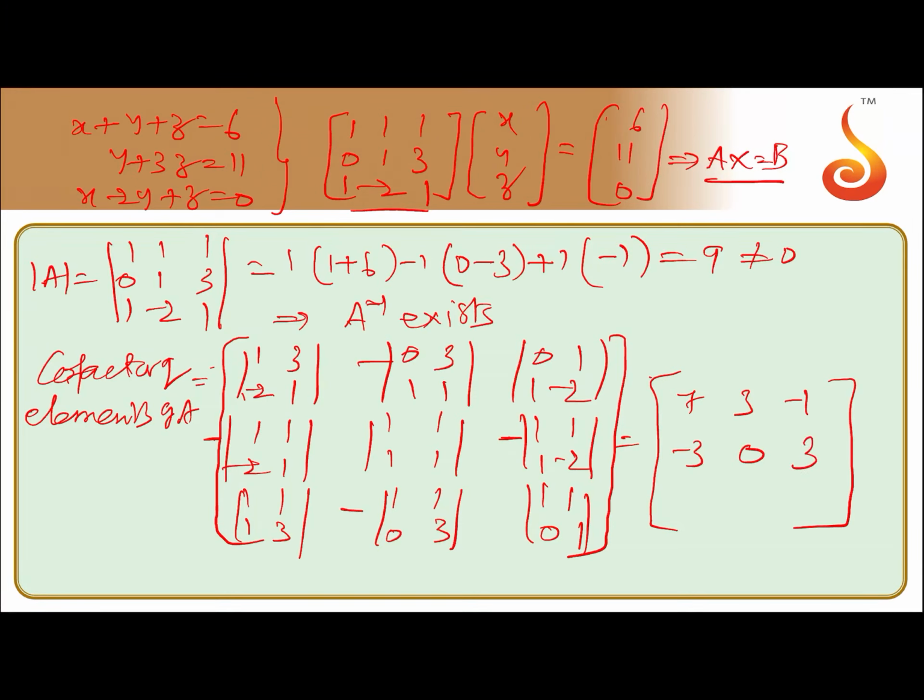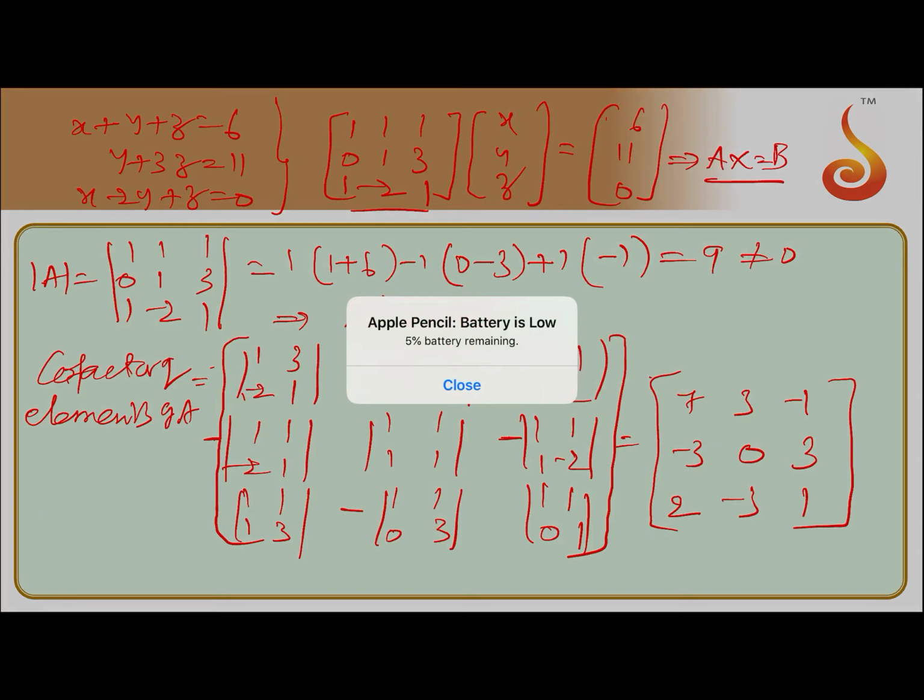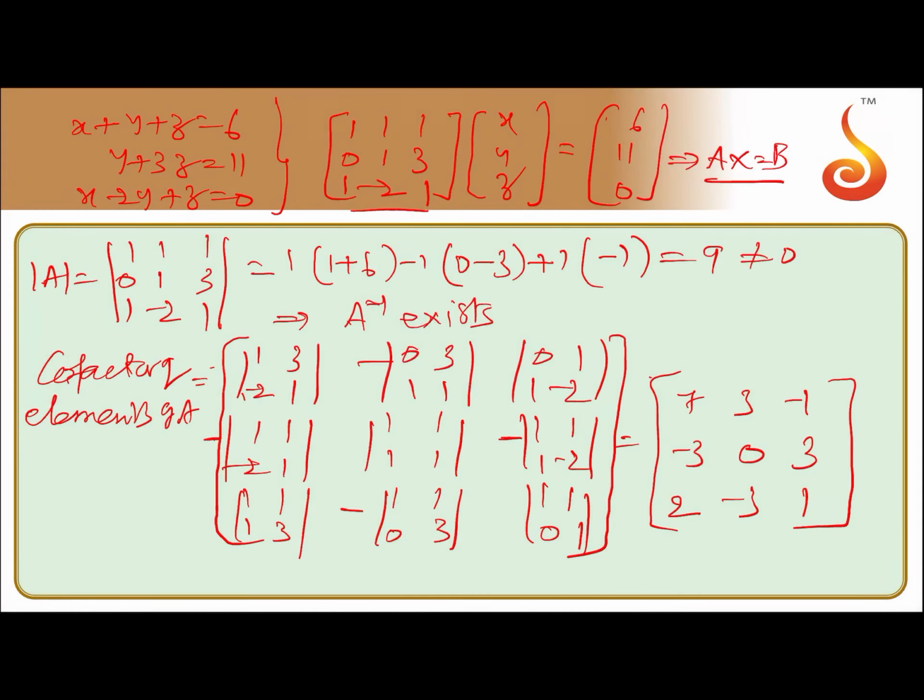Minus of minus 3 plus 3. It's 3 minus 1, 2. 3 minus 0 minus 3, get it? And it is 1. So the cofactors are 7, 3, minus 1; minus 3, 0, 3; 2, minus 3, 1.